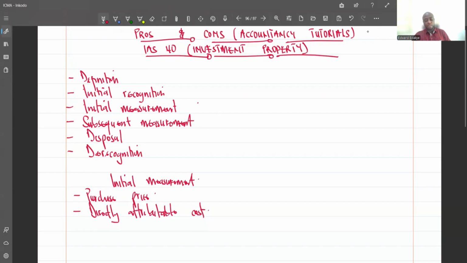So for getting the asset to its intended use, any cost, so installation costs, legal costs, tax fees, non-refundable payments, they are all part of what? The attributable cost. If only it is directly attributable to you getting the asset to its intended use, then surely it is part of the cost. So basically, this is the initial measurement.